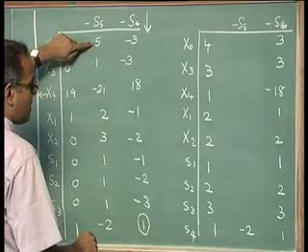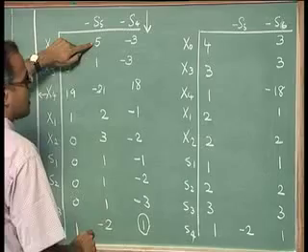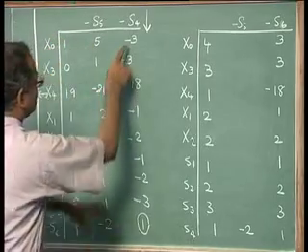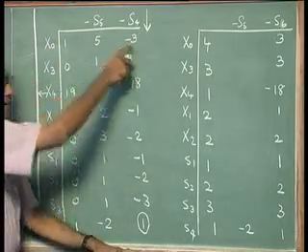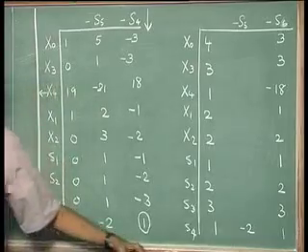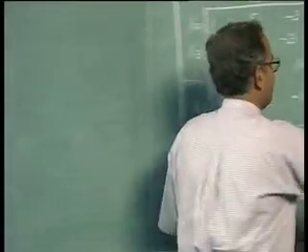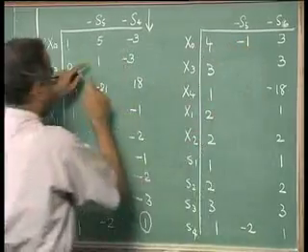5 minus 3 into minus 2 is 5 minus 6, which is a minus 1, I get a minus 1 here.